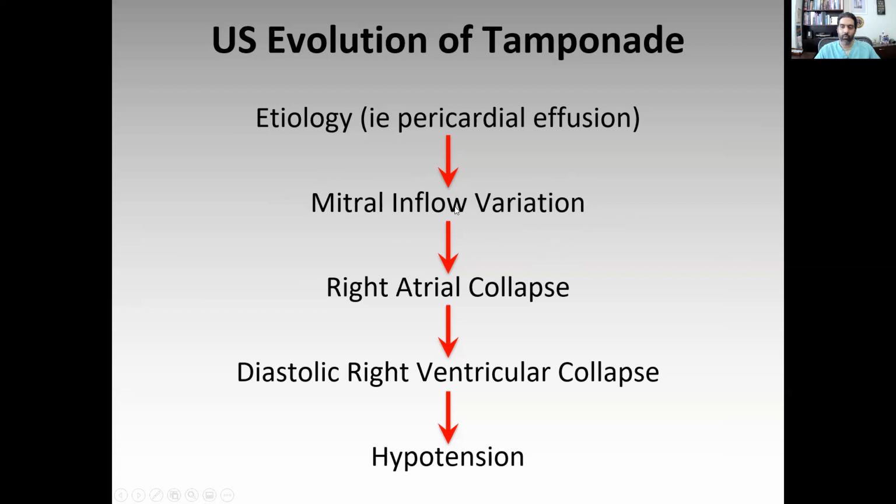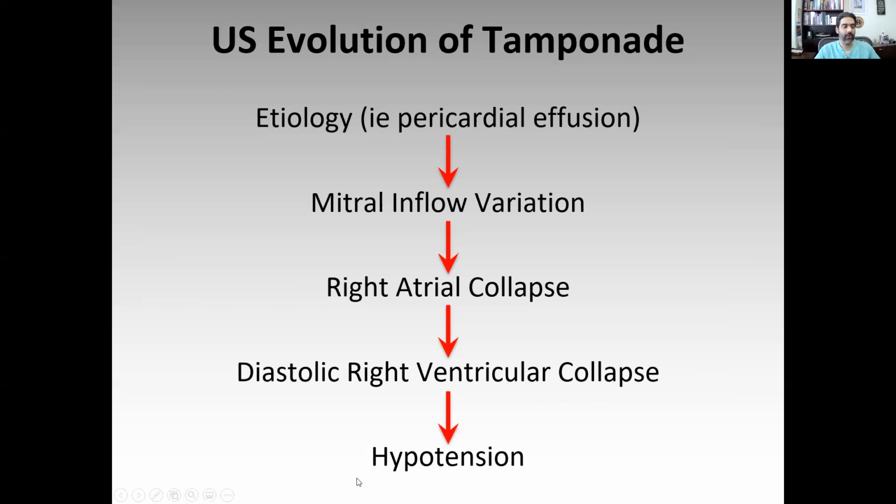As the tamponade gets worse, as it evolves, you will then develop right atrial collapse, the second earliest or second most sensitive indicator of tamponade on echo. As the tamponade continues to get worse, you will then see the characteristic diastolic right ventricular collapse on echo. And then finally, as things get worse, you will start to see hypotension.